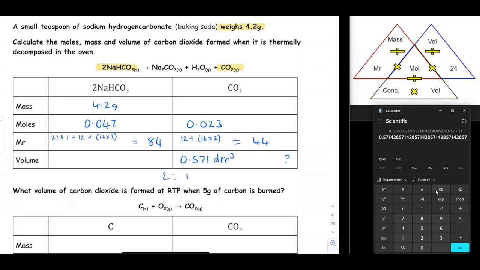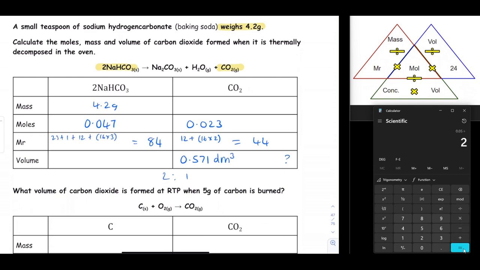So now I can also do, I'll get my actual unrounded version of moles back first. 4.2 divided by 84 gives me my moles of sodium hydrogen carbonate.